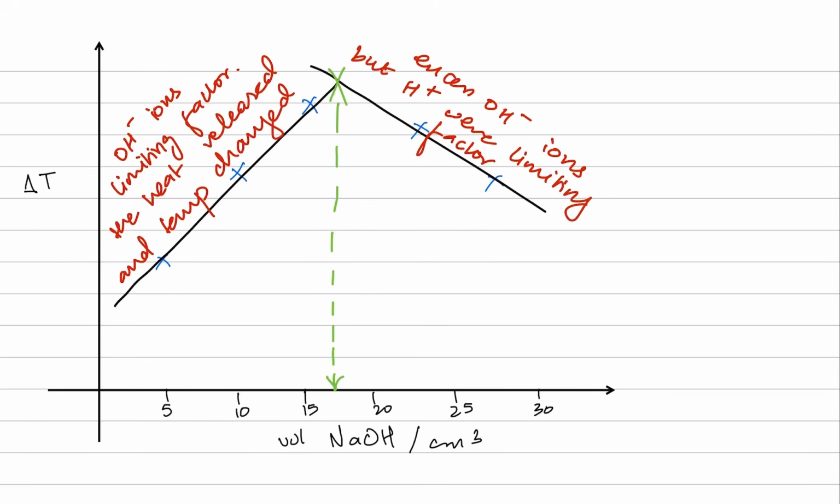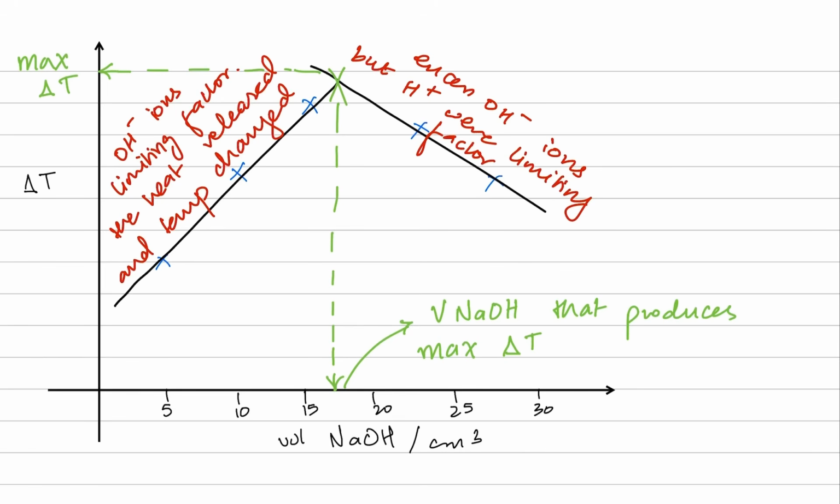But when you see the maximum temperature change, you can see on this graph the volume of alkali that produces the maximum delta T. Why does it produce maximum delta T? Because the reaction reached its fullest point.